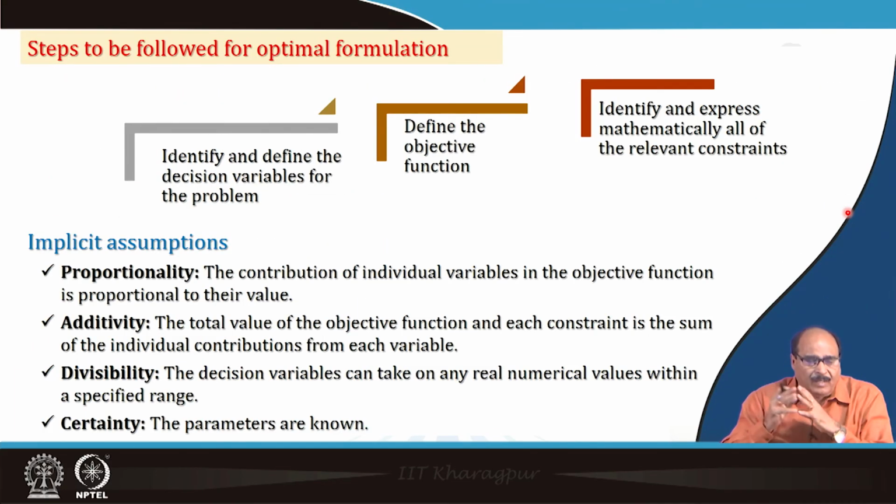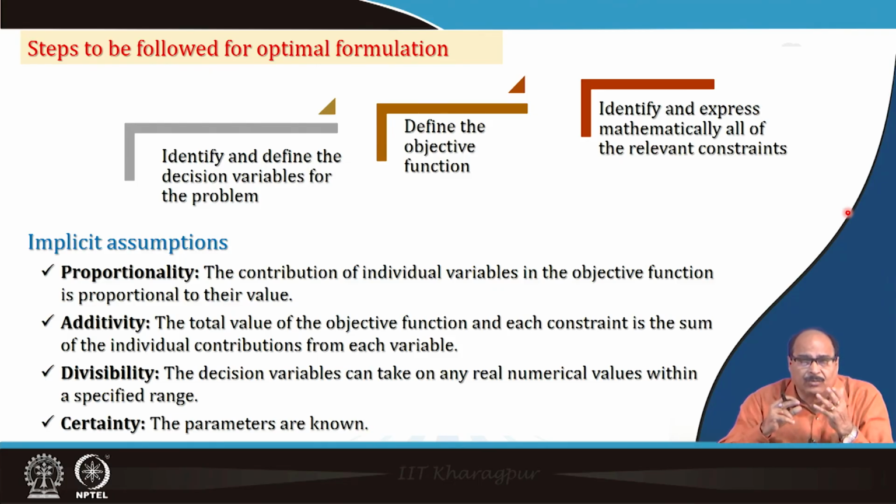So, obviously, the steps in this case are: identify and define the decision variables for the problem, define the objective function, and finally identify and express mathematically all the relevant constraints. And implicit assumptions may be proportionality, the contribution of the individual variable, as I told you, in the objective function is proportional to their value.